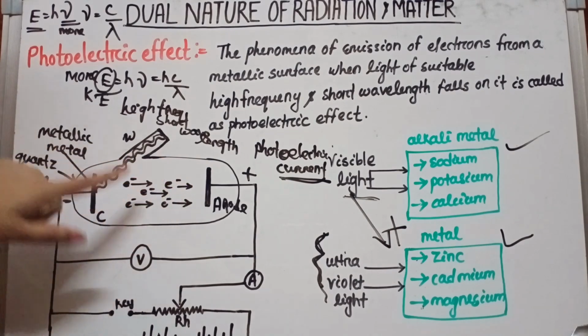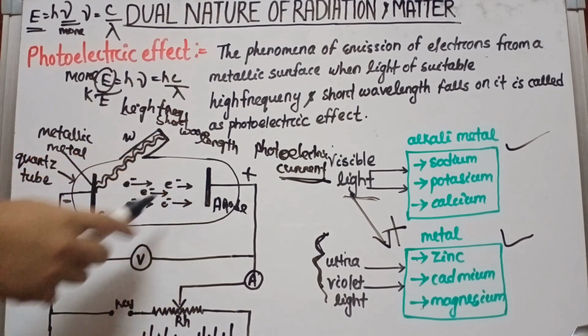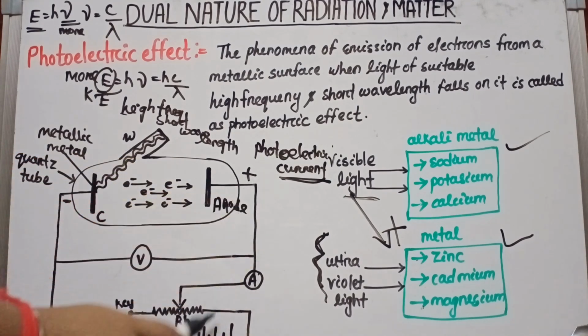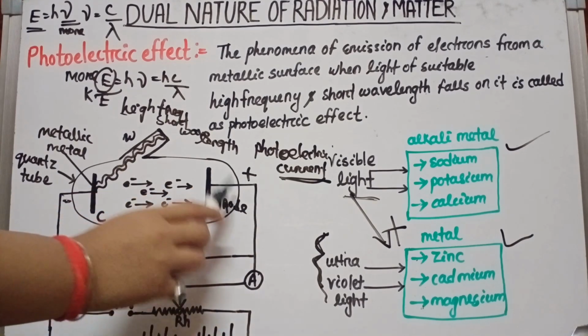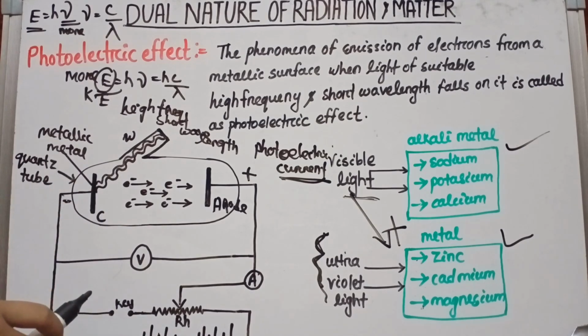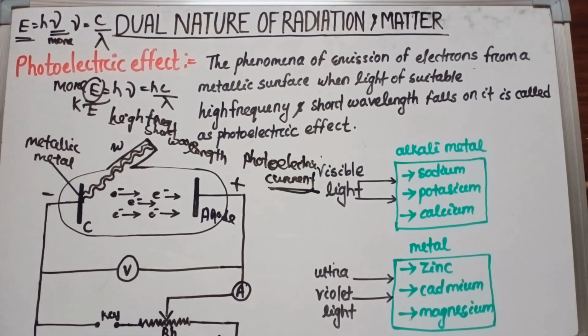The two electrodes, one the cathode and the other the anode, are connected to a battery. The cathode is connected to the negative potential and the anode to the positive potential by means of a potential divider, that is a rheostat, so that we can change the potential between cathode and anode.